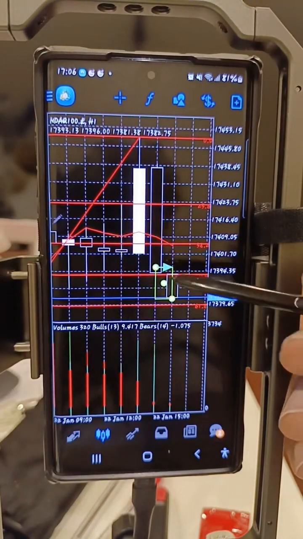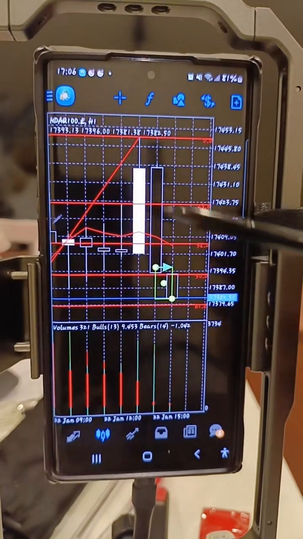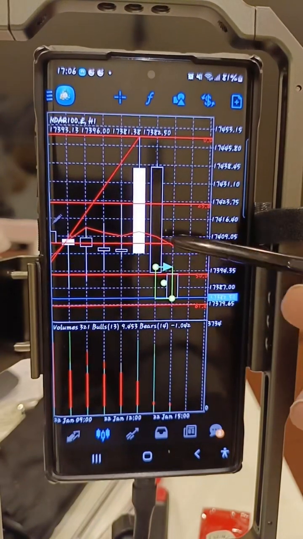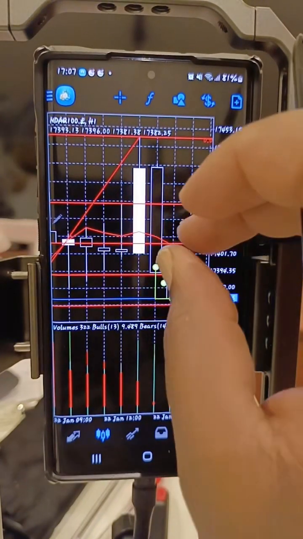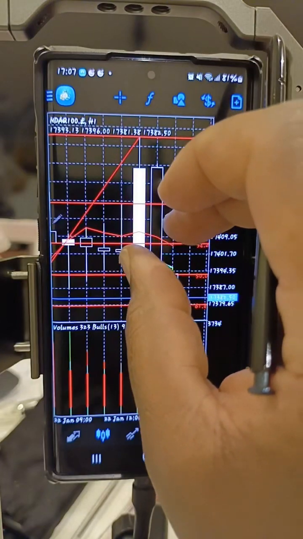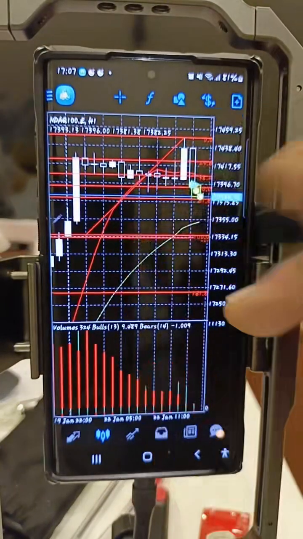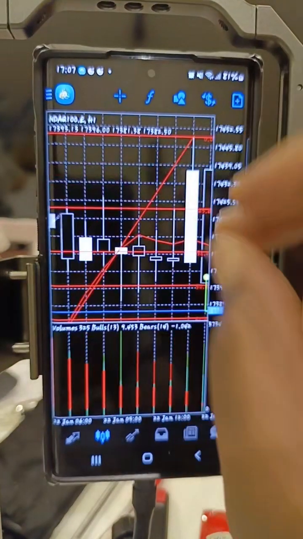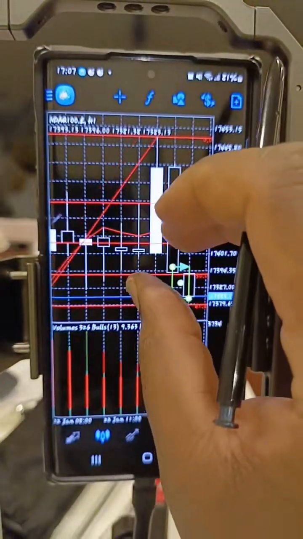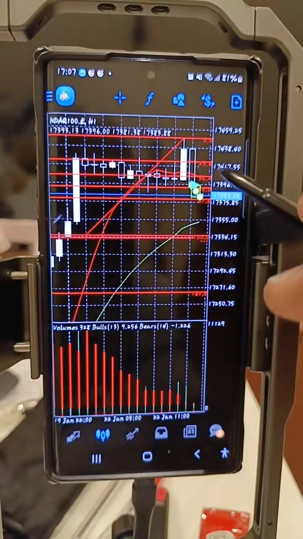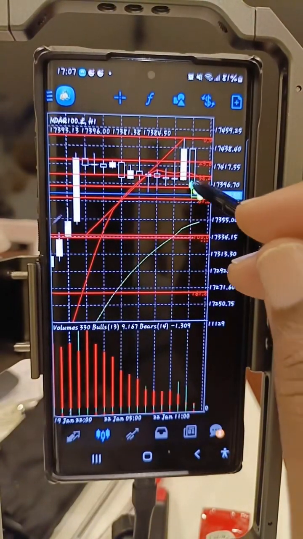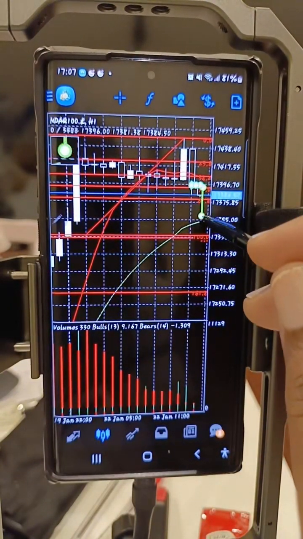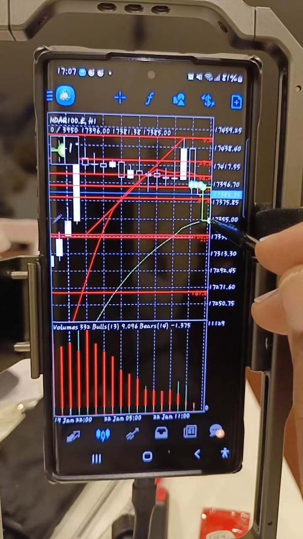So we've got something very important here. Also, it's below the 10 MA on the 1 hour. So if it's going down on the 1 hour, if I make this a bit smaller, I can target up to here.